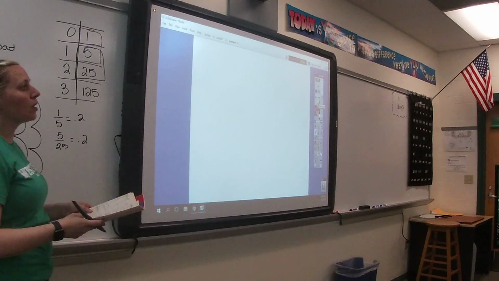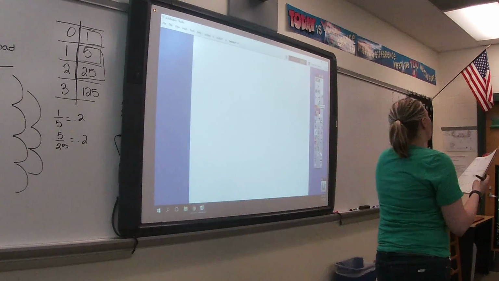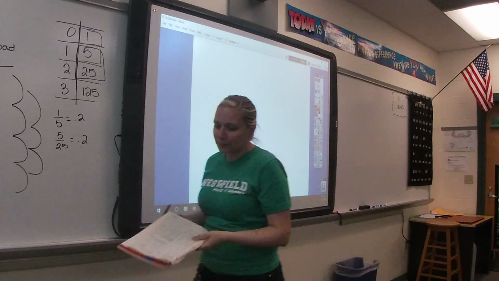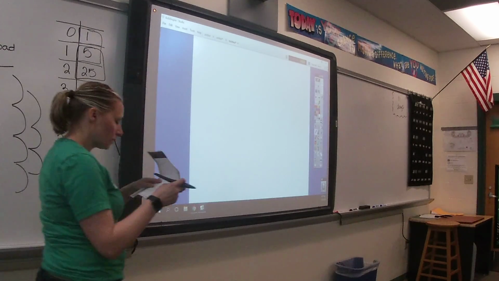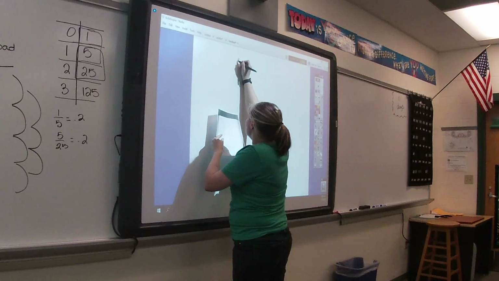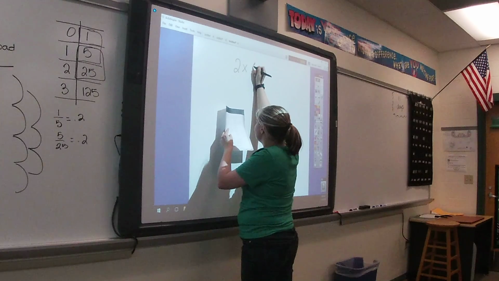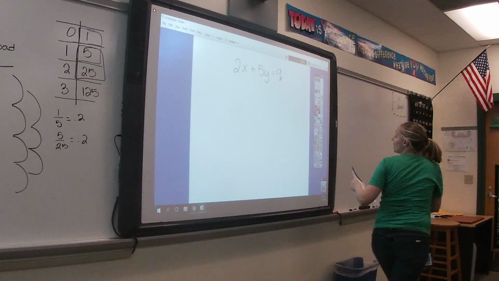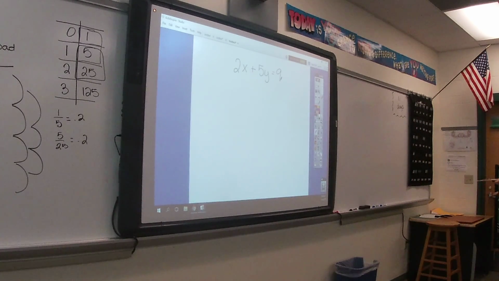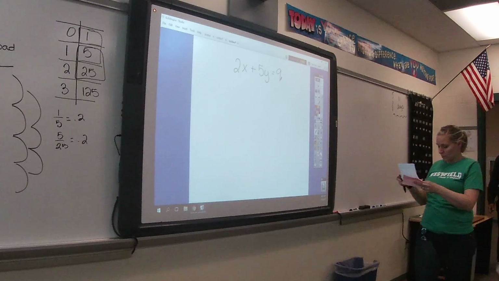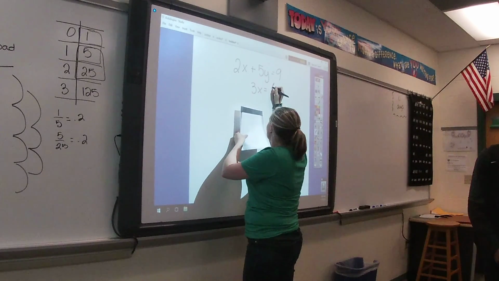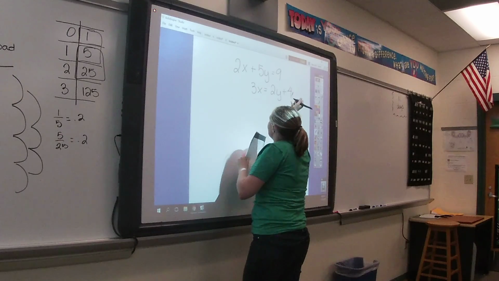Instead of forcing to solve all of them for y and graph or forcing substitution to work, let's say we were given something like x plus 5y equals 9, and 3x equals 2y plus 4.